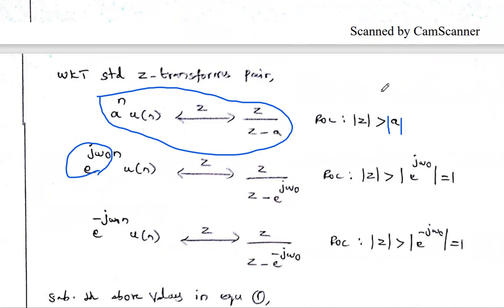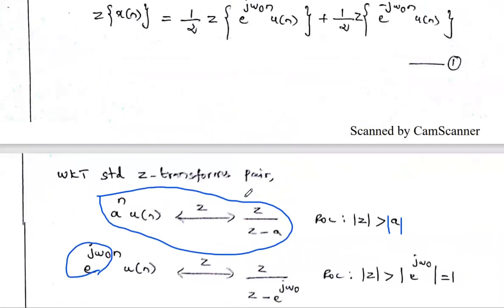So square root of cos squared omega naught plus sin squared omega naught. What is the value of that? It is 1. Therefore the modulus of e power j omega naught is 1. Modulus of any e power j theta is 1 only. So that's why the ROC is modulus of Z greater than 1. It is the ROC for this first signal.